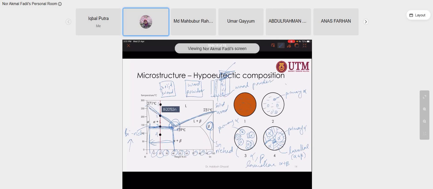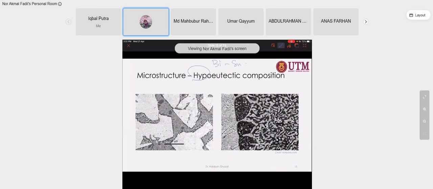We call it hypo. This one is hypoeutectic, but this one is hypereutectic. So whatever we discuss now, where the composition is between 5 until 44% of bismuth, is known as hypoeutectic composition.